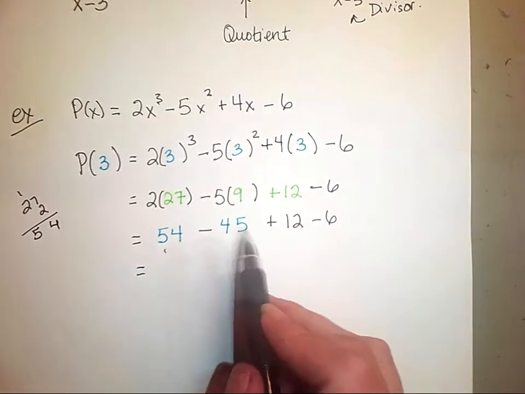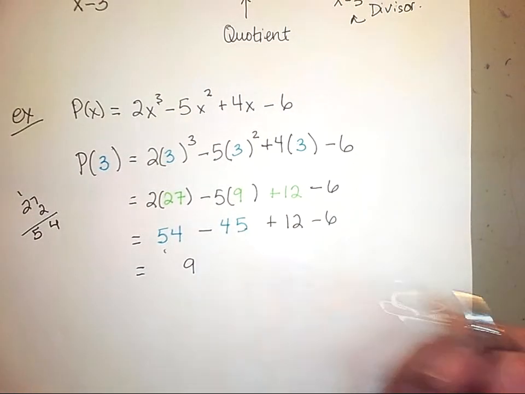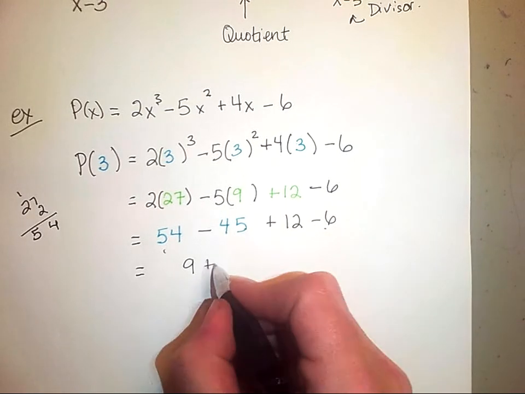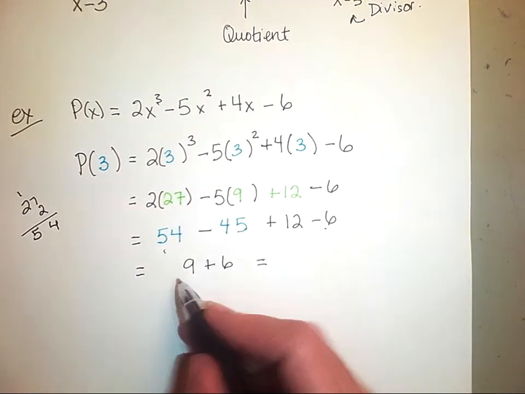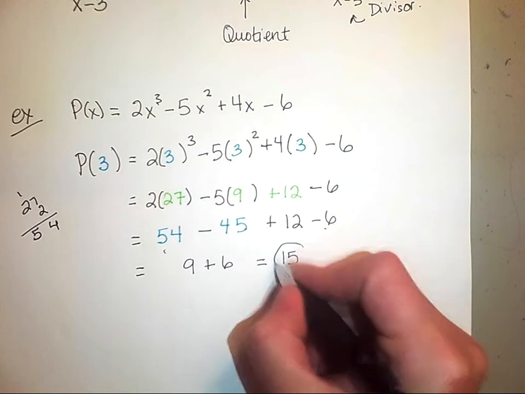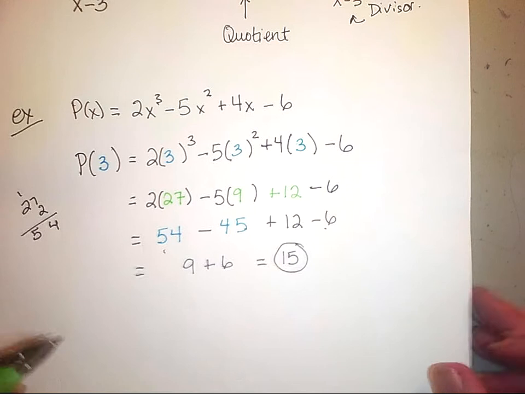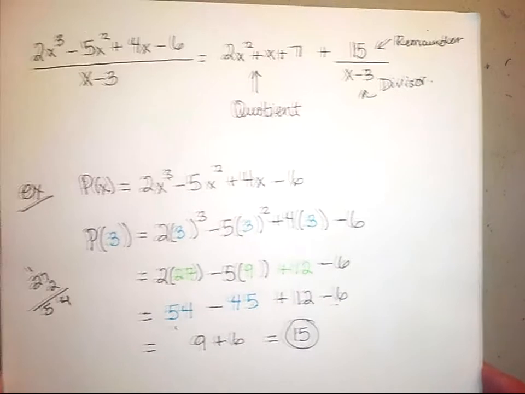Okay, so 54 minus 45 is 9. 12 minus 6 is 6. And 9 and 6 are 15. So let's look again at our above example and see what happened here.